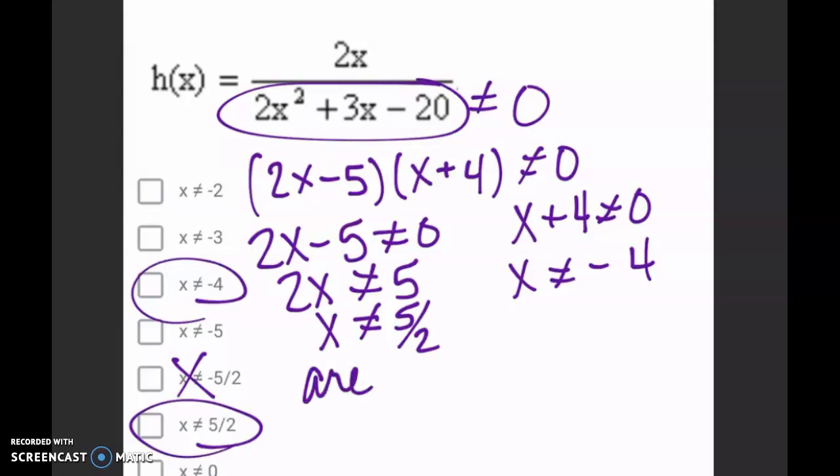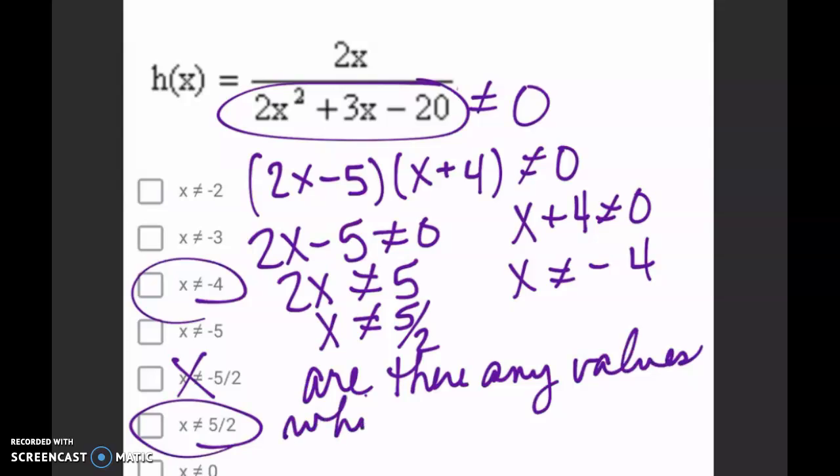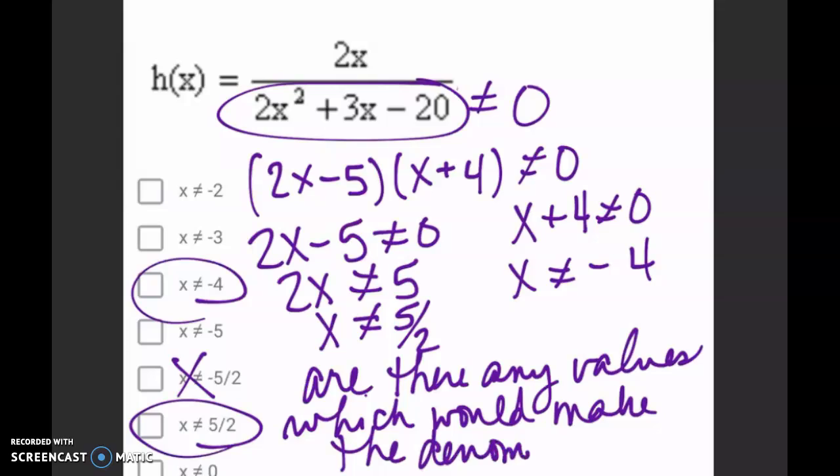That's really what I'm asking you. Because you can't have a 0 in the denominator, it's undefined.